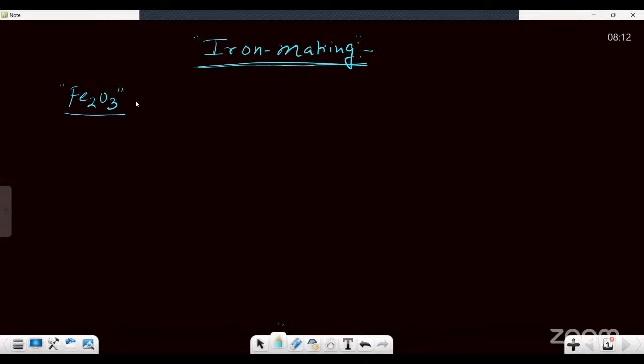From here, the process of iron making is nothing but a reduction process. We reduce it to pig iron, and then after the iron making process is complete, our steel making process starts. But here we will be focusing on the iron making process itself. First, I would like to start the class by focusing on the difference between iron and steel.